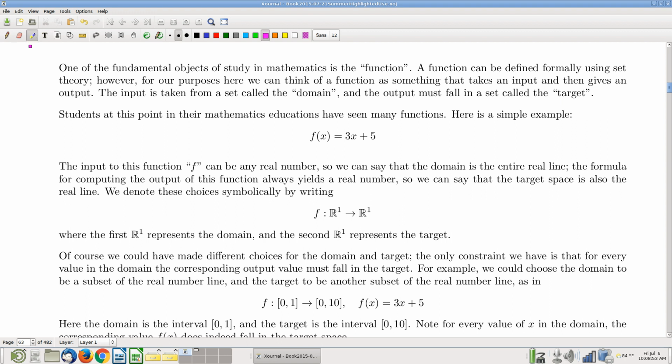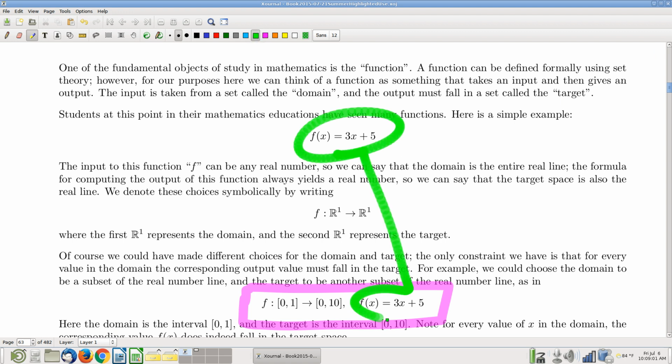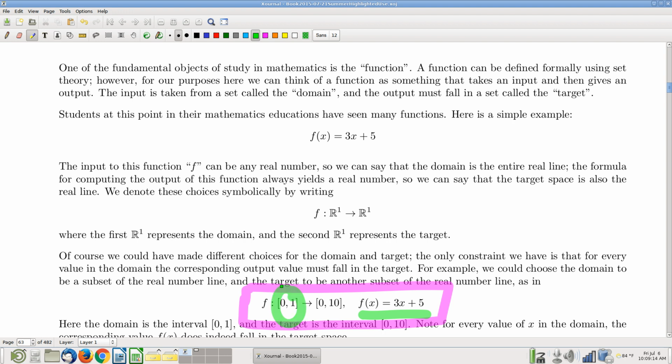While we're here, let me notice that this is a different function. Now you might look and say, well, wait, hey, come on, it's the same formula, it's the same function, isn't it? But it's not. These are different functions because here, even though it's the same formula, I have a different domain.